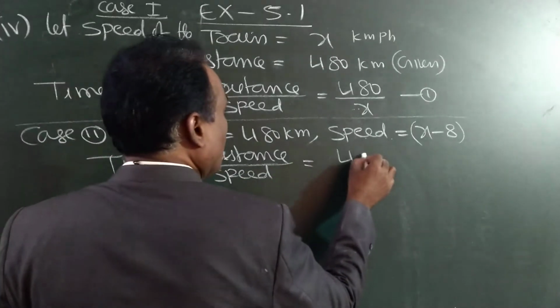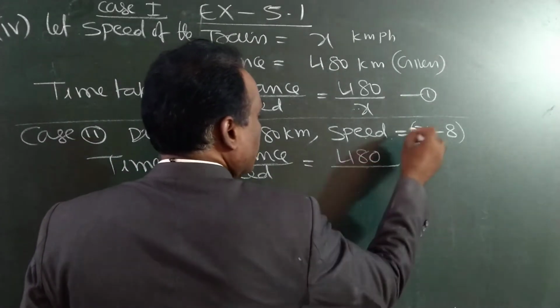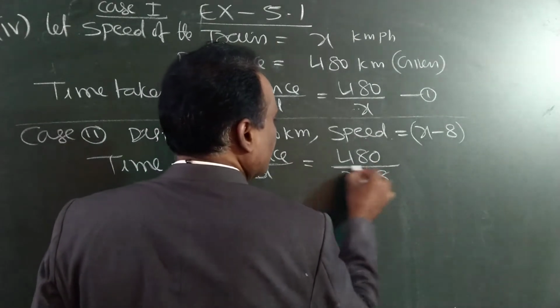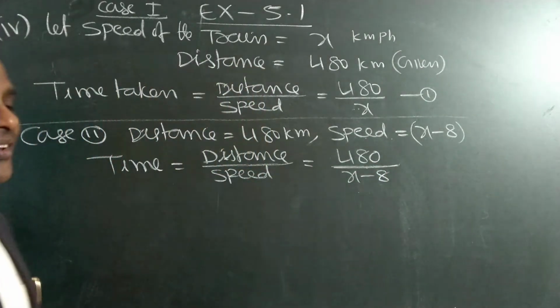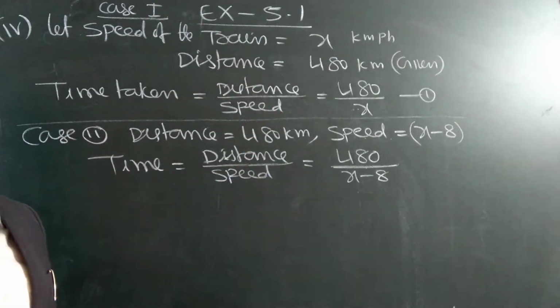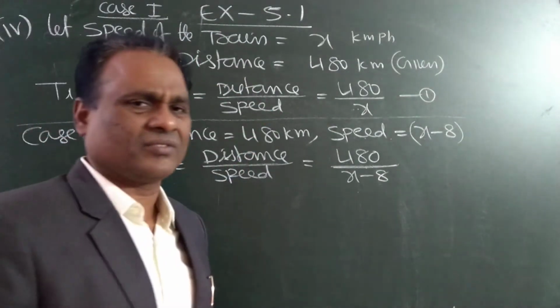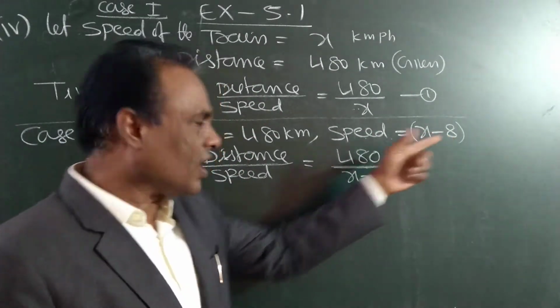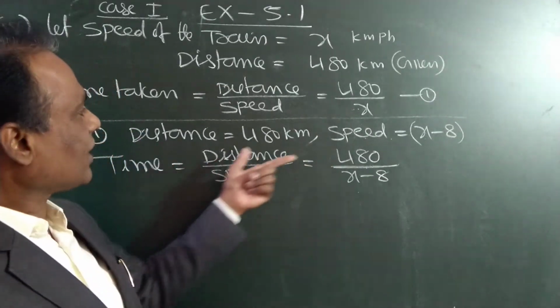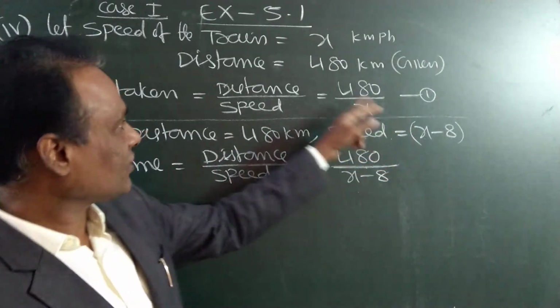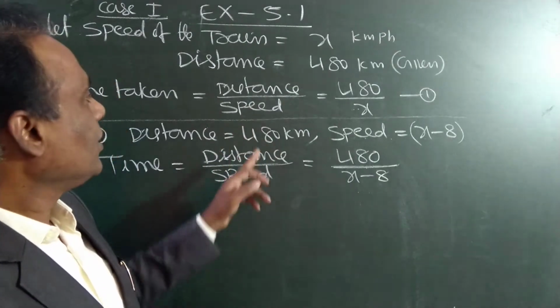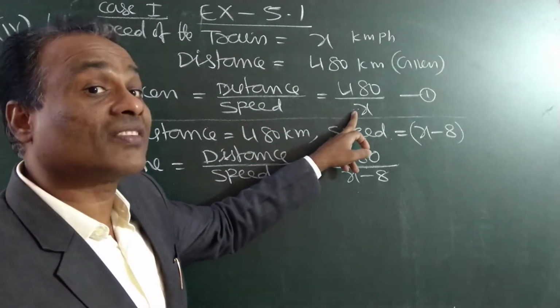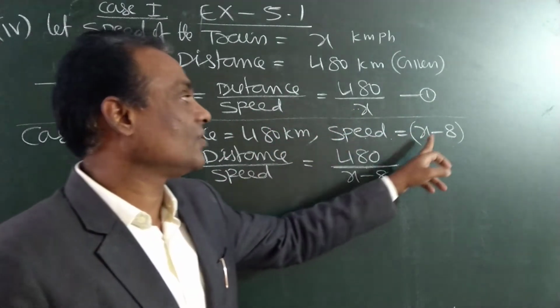Distance is 480, speed is x minus 8. First time this case, second time this case. If the speed is decreased by 8, the time is the same distance by speed. First time the distance and second time the distance are the same, but the speed is different. First time it was x, now it is decreased by 8.